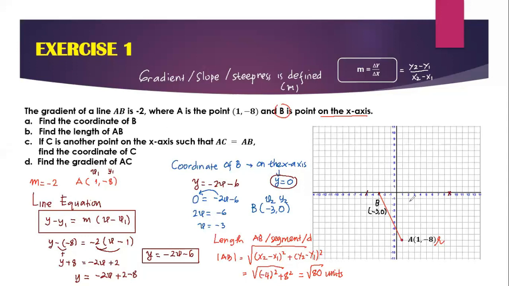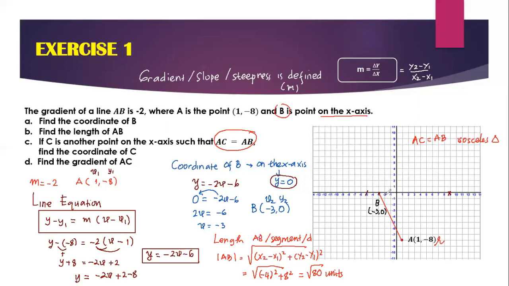Find the coordinate on the x-axis such that AC equals AB. AC equals AB means isosceles, right? Is it clear to you? Isosceles triangle, right?